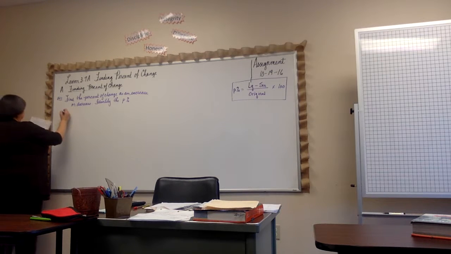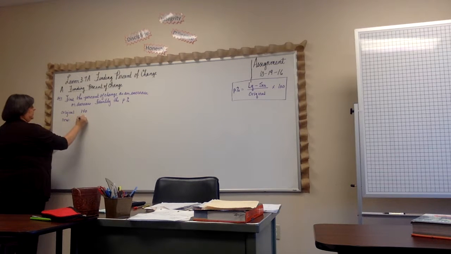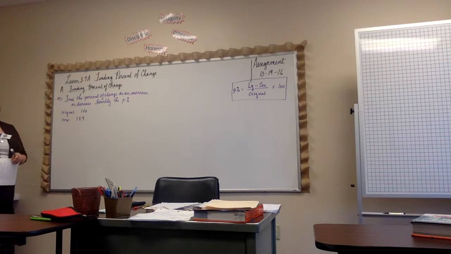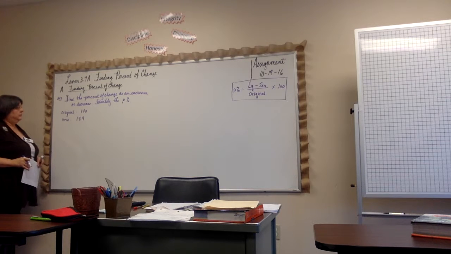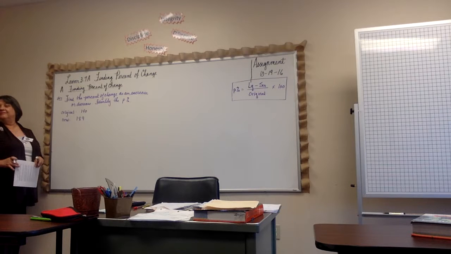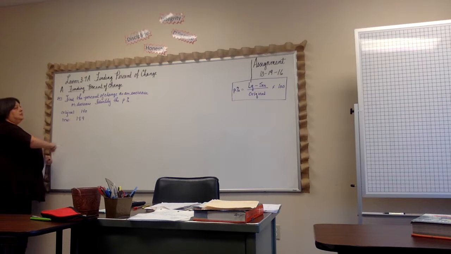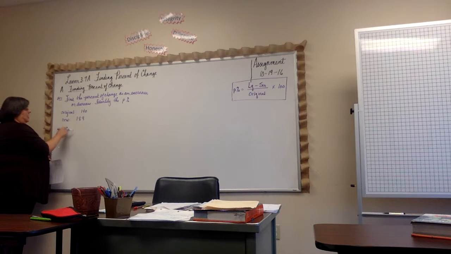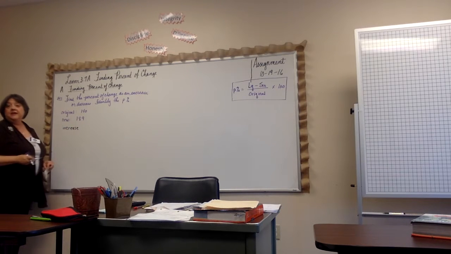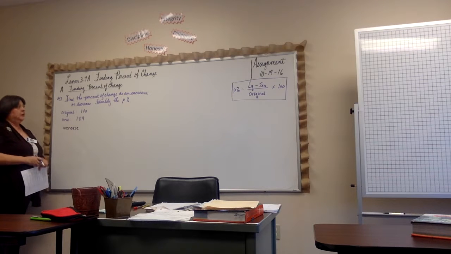Example number 1, the original number is 140. The new number is 189. Now, is that an increase or a decrease? That's an increase. So when it says identify whether it is increase or decrease, you have decided it's an increase.